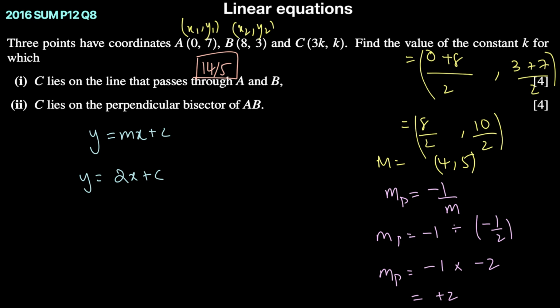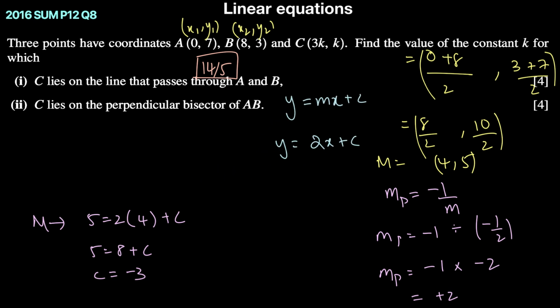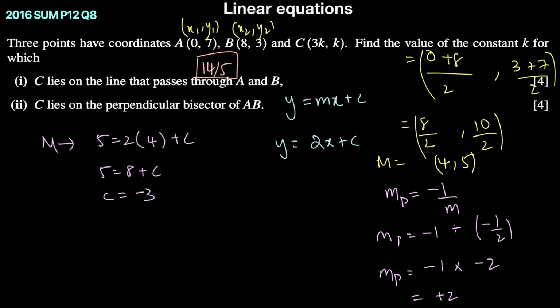So when x is equal to 4, y is equal to 5. So 5 is equal to 2 times 4 plus c. So 5 is equal to 8 plus c, and c is equal to minus 3. So my linear equation comes out to y is equal to 2x minus 3. Now we have the equation of this perpendicular bisector. It has slope positive 2 and a y-intercept of minus 3.